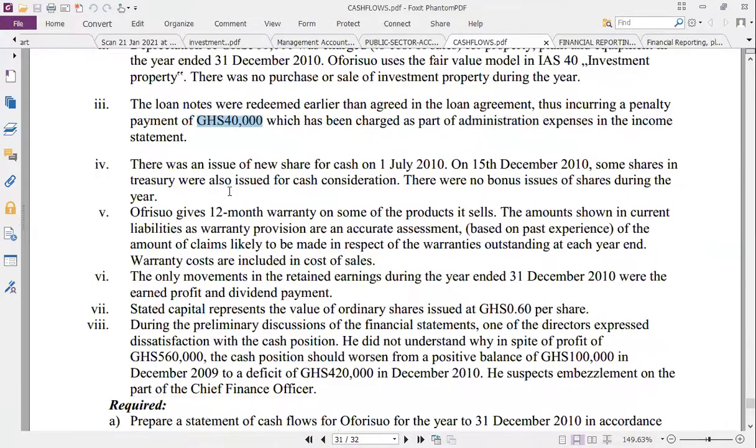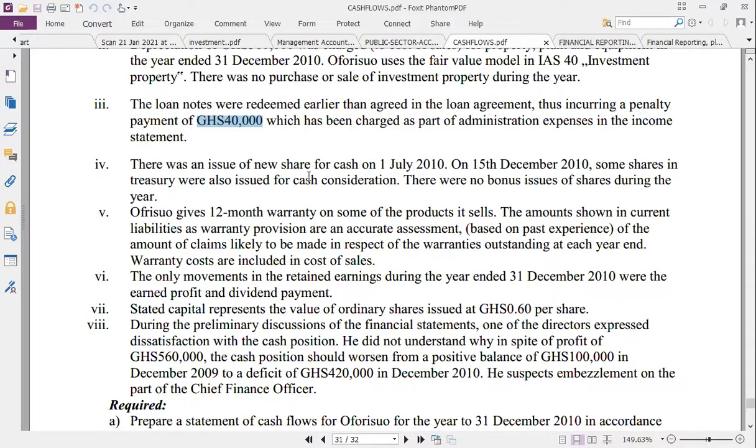Note 4. Usually, cash flow does not come with a lot of footnotes. Few, but it has a lot of workings, a lot of adjustments. The adjustments are straightforward. Only one working. Let's see note 4.